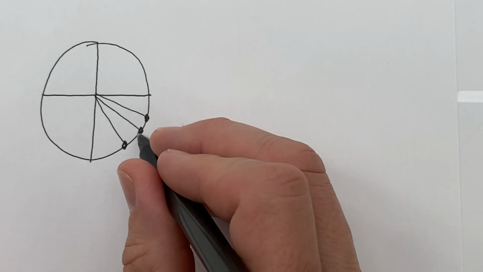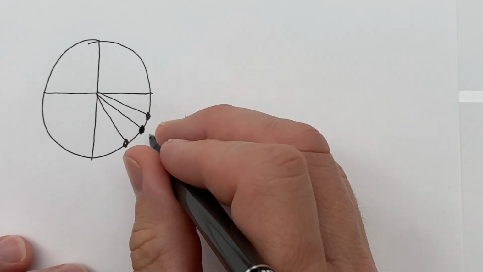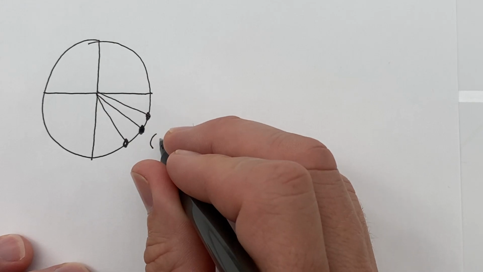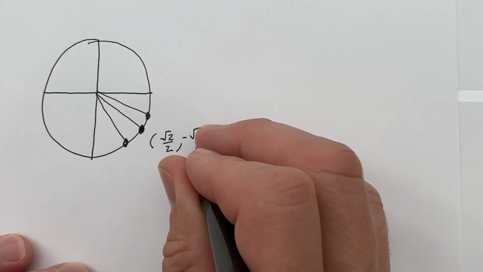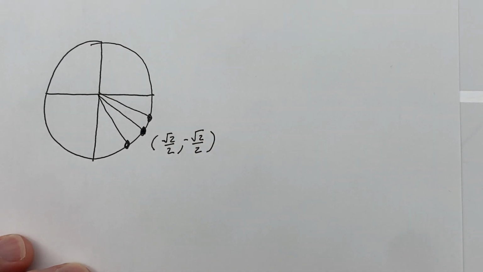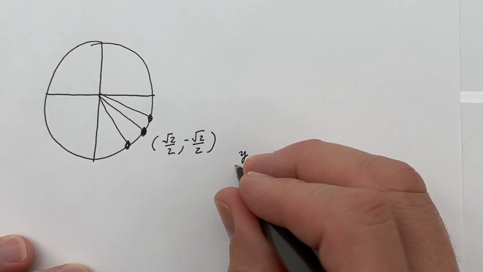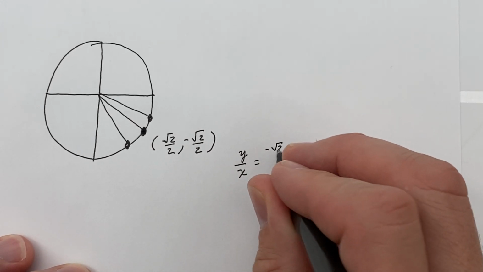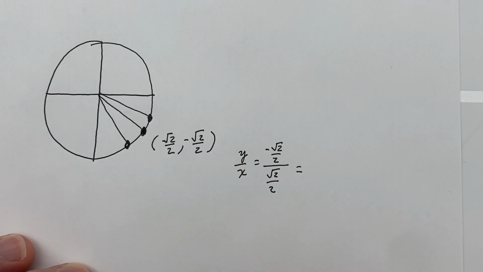We can start with the easy one. Let's go with 315 degrees right here in the middle. If you go to your unit circle, that was square root of 2 over 2, comma, negative square root of 2 over 2. If I take the y value over the x, y over x, negative square root of 2 over 2 over square root of 2 over 2, what does that reduce down to? -1, right?